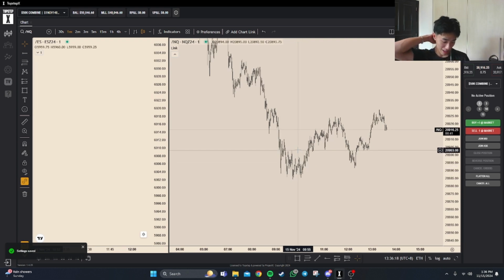Ultimately, one trade a day, and be it win or loss, gotta stick to the rules. So that's the whole point of this challenge, is to show that you don't need to go for big RR trades. Just one-to-one risk to reward is all you need, and proper risk management, and yeah, that's all you need to be profitable. That's the whole gist of this challenge.